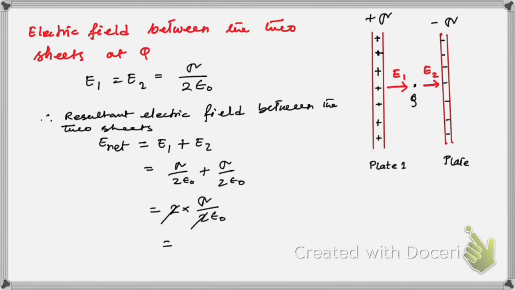The 2 cancels, so we have got sigma by epsilon naught. So that is the electric field between the two plates, right? Hope you have understood this.